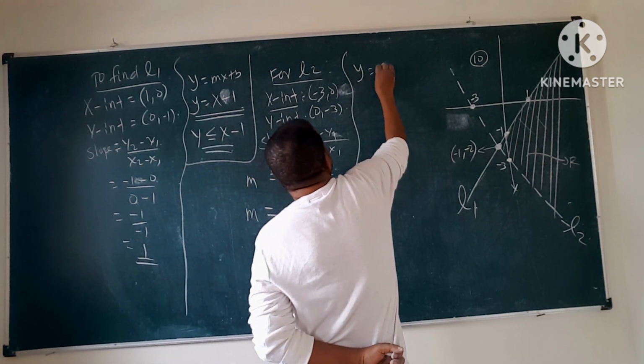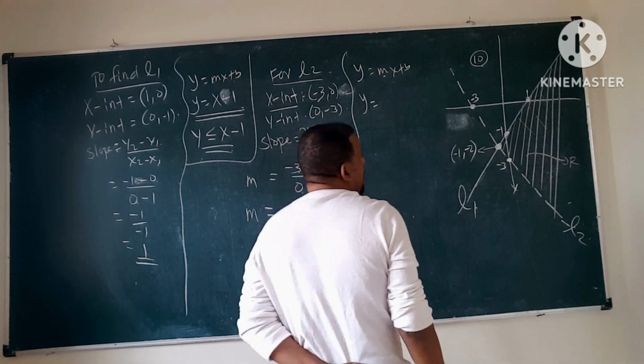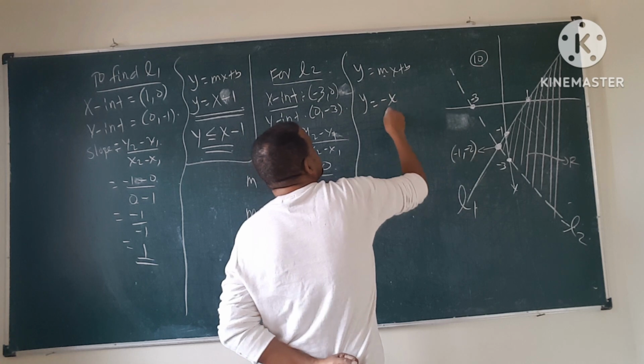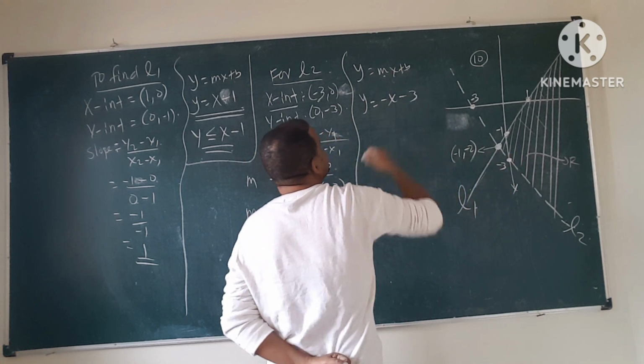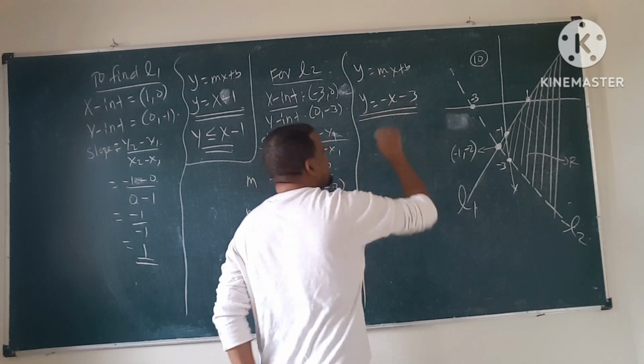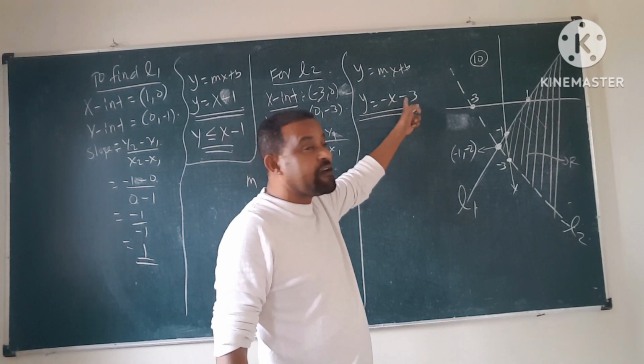So the equation becomes y equals mx plus b, where m is negative 1, so negative x plus b, and the y-intercept is negative 3, so minus 3. So the equation of the boundary line is y equals negative x minus 3.